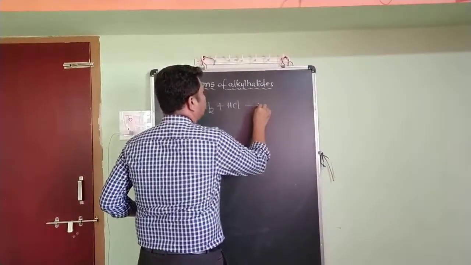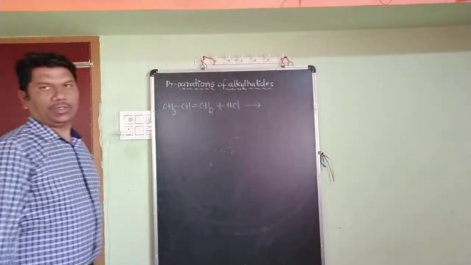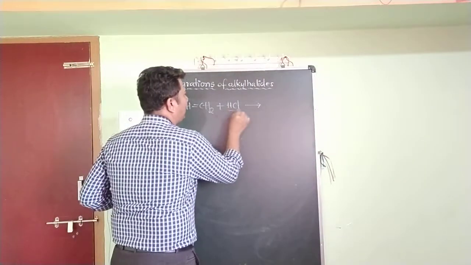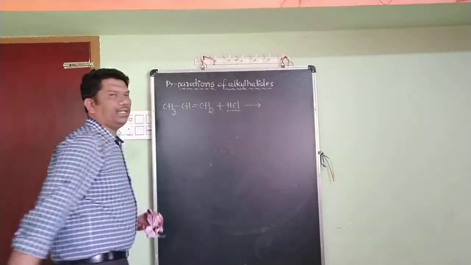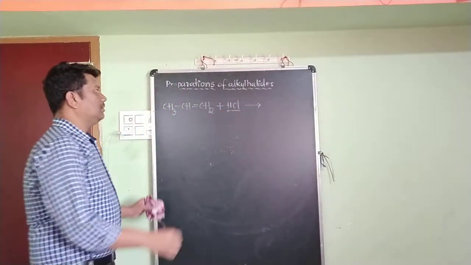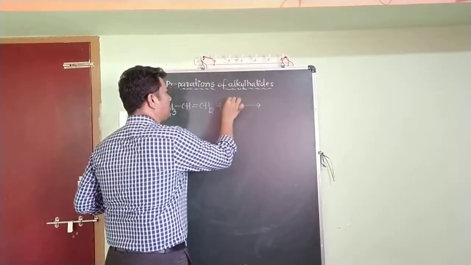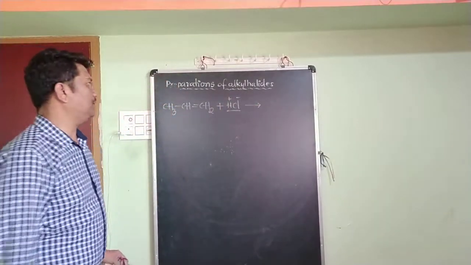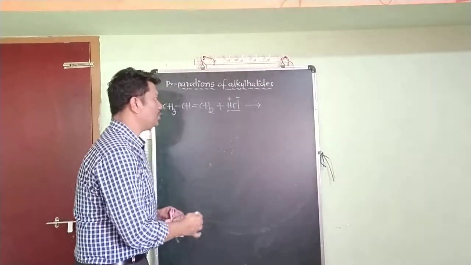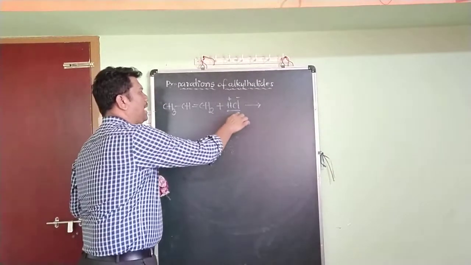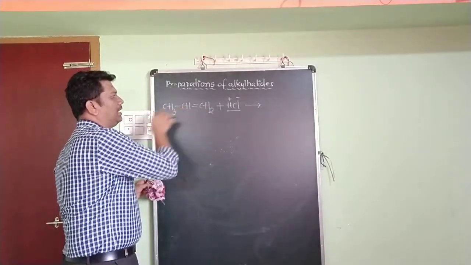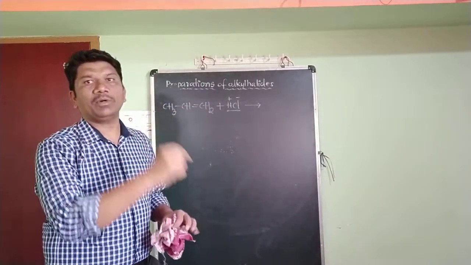It follows Markovnikov's rule. Markovnikov's rule means the negative part of the reagent. HCl is the reagent here. This is the positive part and this one is the negative part, Cl minus is the negative part. According to Markovnikov's rule, the negative part of the reagent gets attached to the carbon atom which has fewer hydrogen atoms.